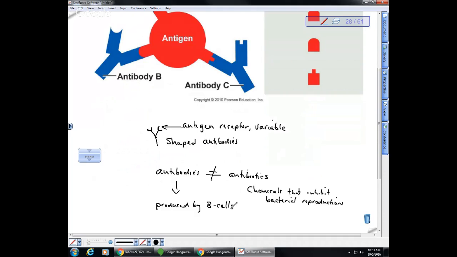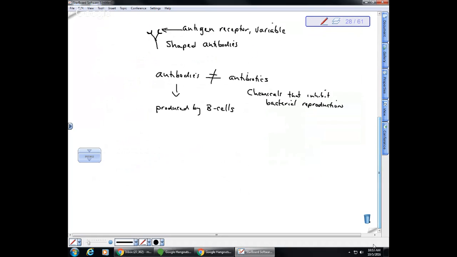Now, if we look at B cells, B lymphocytes have on their surface antibody receptors. So I'm going to draw my B cell, put a B here, and then I'm going to draw my antibody receptors. Okay, so these are antibody receptors.